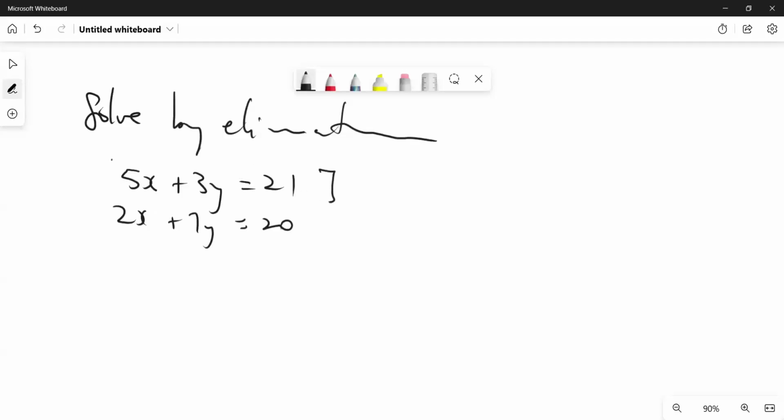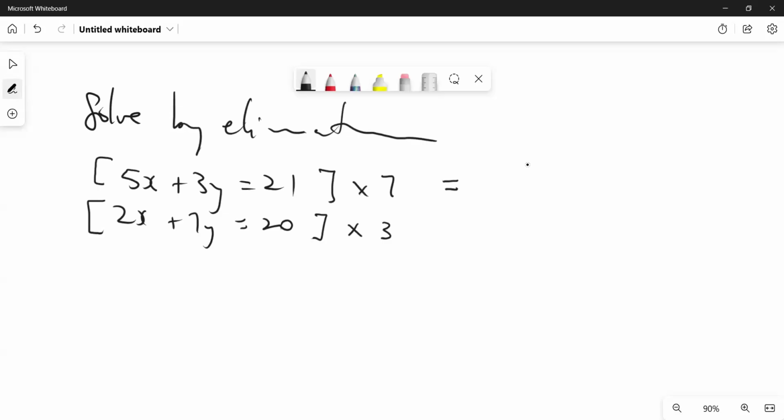Multiply this equation by the coefficient of y in the other one, multiplied by 7, and multiply the other equation by 3. So you simply multiply the first equation by the coefficient of y in the second, and the second equation by the coefficient of y in the first. Look at what that neat trick does.